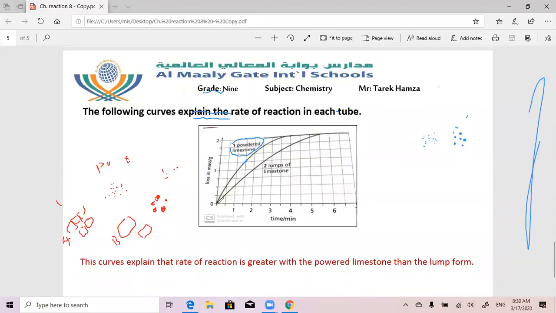Look at the curve: the initiation of chemical action starts fast. But in the case of limestone, the second curve initiates slowly. What's the difference? The curve here, number 1, is faster, reacting faster than the lumps. You understand? Right.